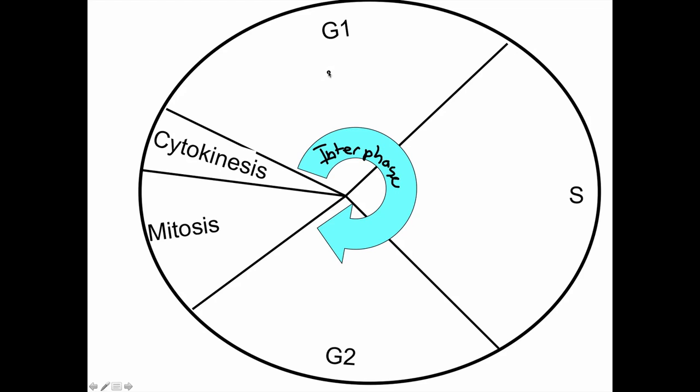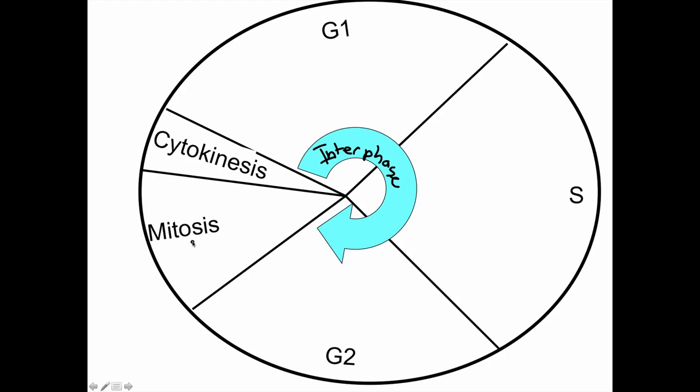Okay. So G1, S, and G2, those three phases are part of the main part of the cell cycle where a cell spends most of its life in interphase here. Okay, so interphase is G1, S, and G2. Mitosis then comes next, and then finally cytokinesis.